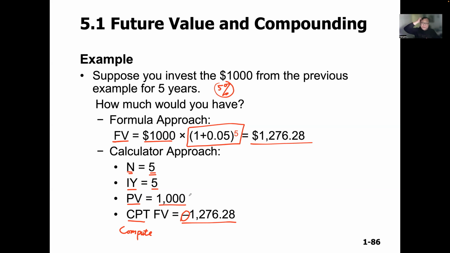Then in the future, after 5 years, you're going to take the money out of the bank. So that will be the money coming towards you. You can see that in the beginning, you give money out. That's a cash outflow. In the future, you bring the money in. So the cash flows are in opposite directions. That explains why the signs of the present value and the future value are opposite, okay?